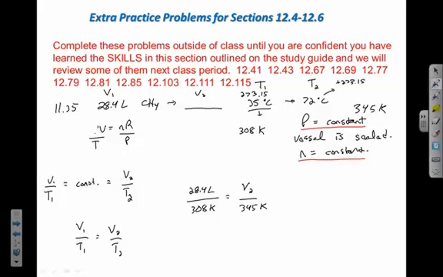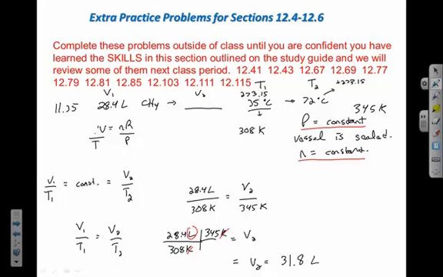So then I just need to multiply both sides by 345 to solve for V2. The Kelvins will cancel, and I will have the new volume in liters. 28.4 times 345 divided by 308 gives me 31.8 liters, to 3 sig figs.